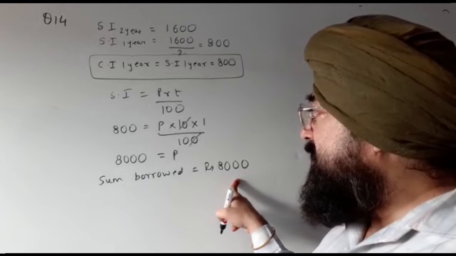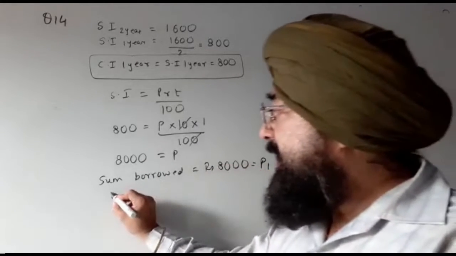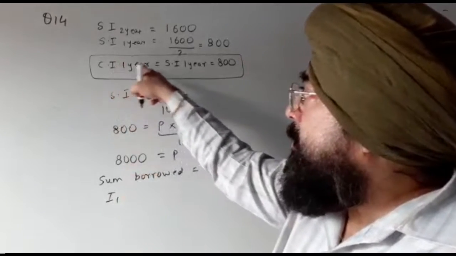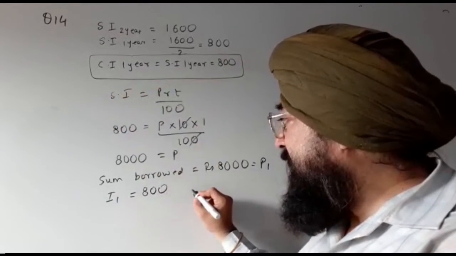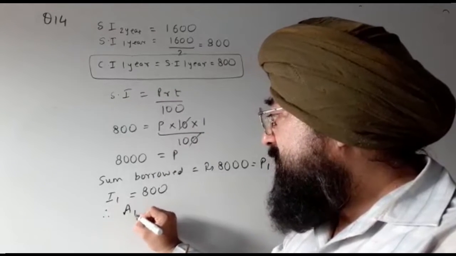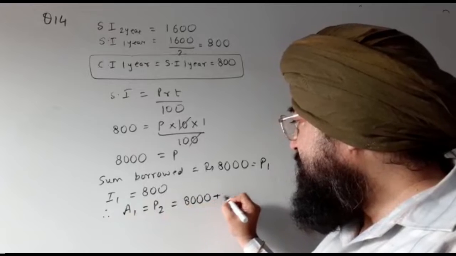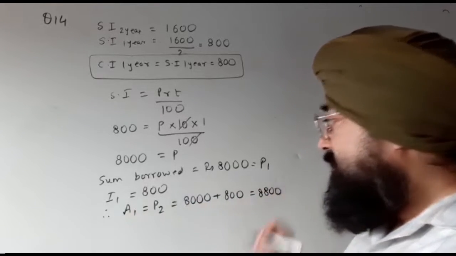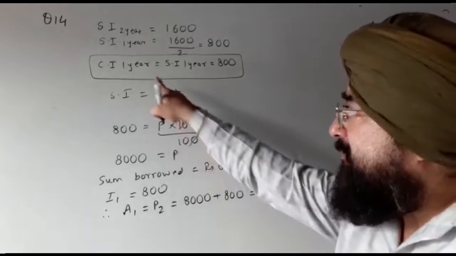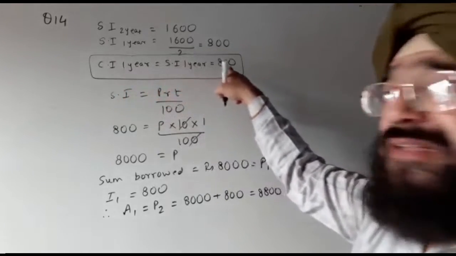Once you have calculated the sum borrowed 8,000 rupees, this becomes your P1, and I1 is already you have calculated 800, and therefore you can find A1, which will become your P2, and that will be 8,000 plus 800, and that becomes 8,800. So that was the benefit of calculating CI of 1 year equal to SI of 1 year, that is 800.